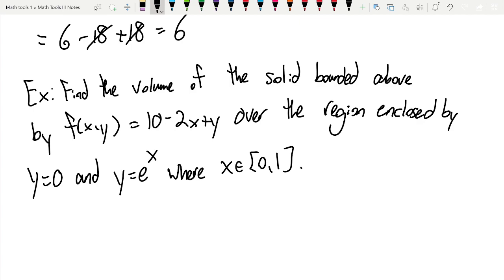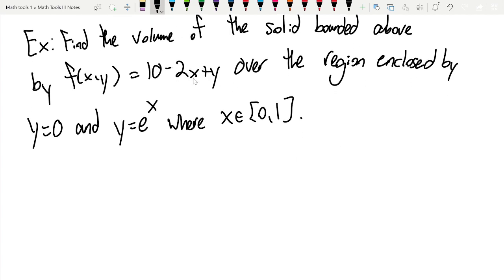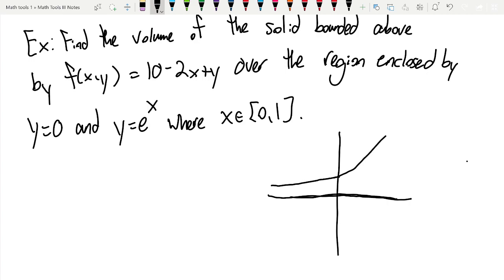So the region enclosed is, again, the part that we're mostly focused on here. So this is the function that we're integrating. And then we want to look for what is the region that we're integrating over. Okay. So y equals 0, of course, is the x-axis. And then y equals e to the x would be this function right here. Okay. So this crosses at 0, 1.